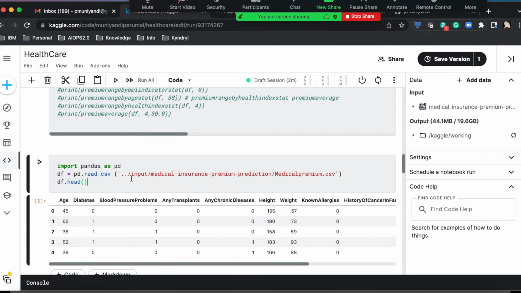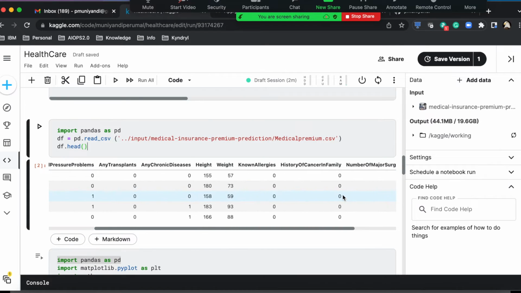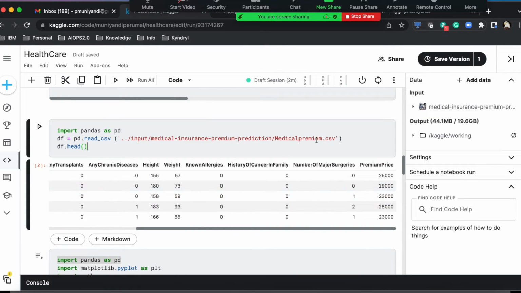See what I'm doing in these 3 lines of code. I'm just loading the data set. After loading the data set, I'm displaying the data set. While displaying it, you are seeing the same data set here. This is the data set which I'm reading from this Excel CSV file.